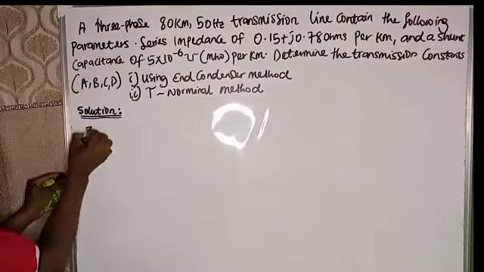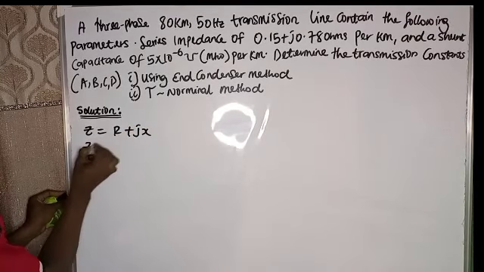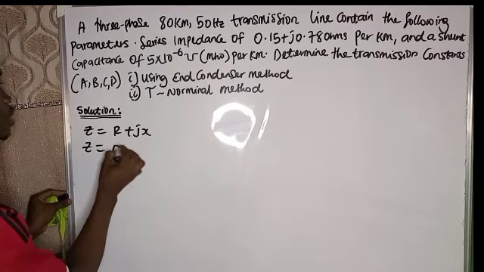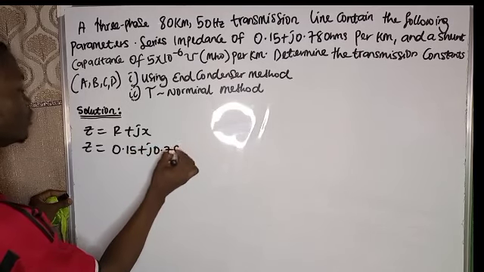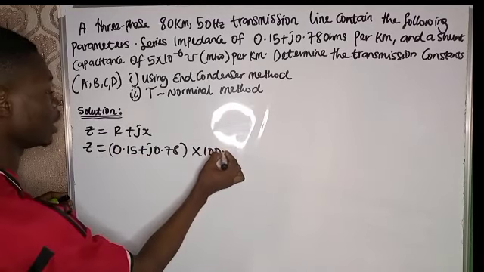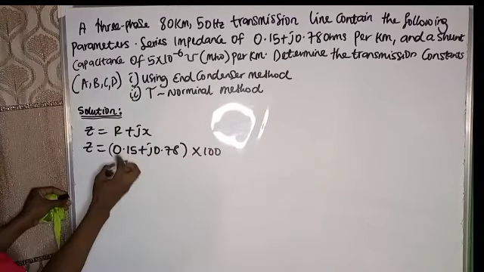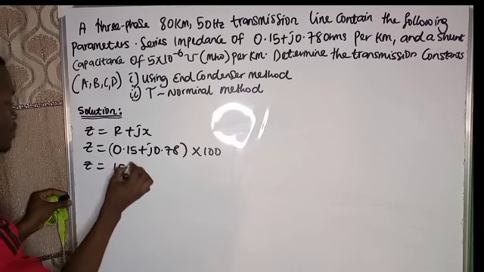So our Z is equals to R plus JX, which is 0.15 plus J 0.78. Remember, it's per kilometer.